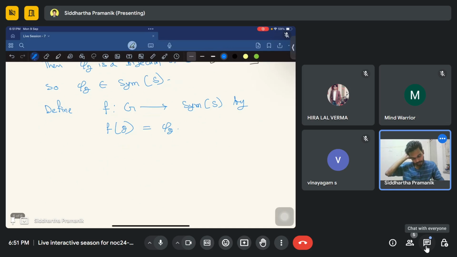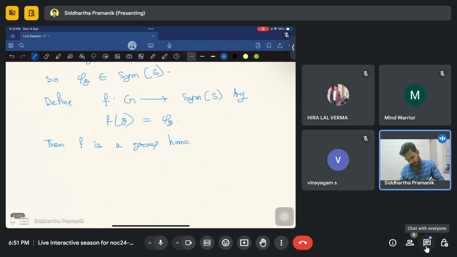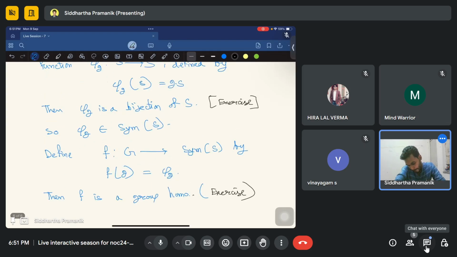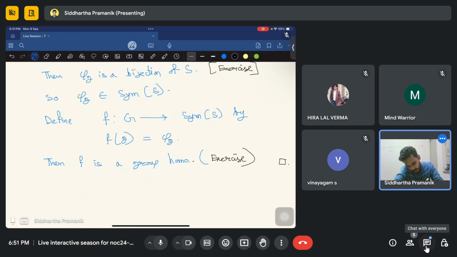So you can check that this is a group homomorphism. This will follow from these two properties of group action. And this is also unique because it depends on the group action. So from this we end this result.